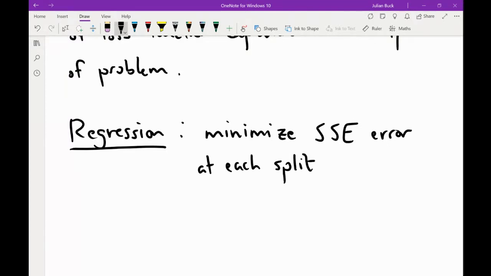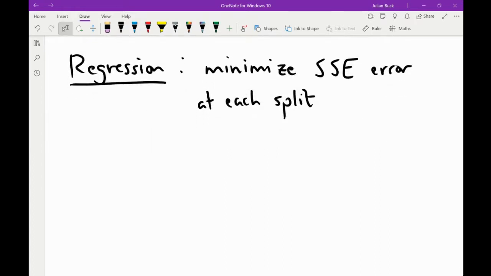At the very end, if we wanted to measure, say, the generalization error, then we'd probably use root mean square error so that it's in the same units as the original data. But as we're going through the splitting process, we don't need to compute the root mean square error. All we need to do is compute the sum of squares error and minimize that, because then the corresponding root mean square error will also be minimized.